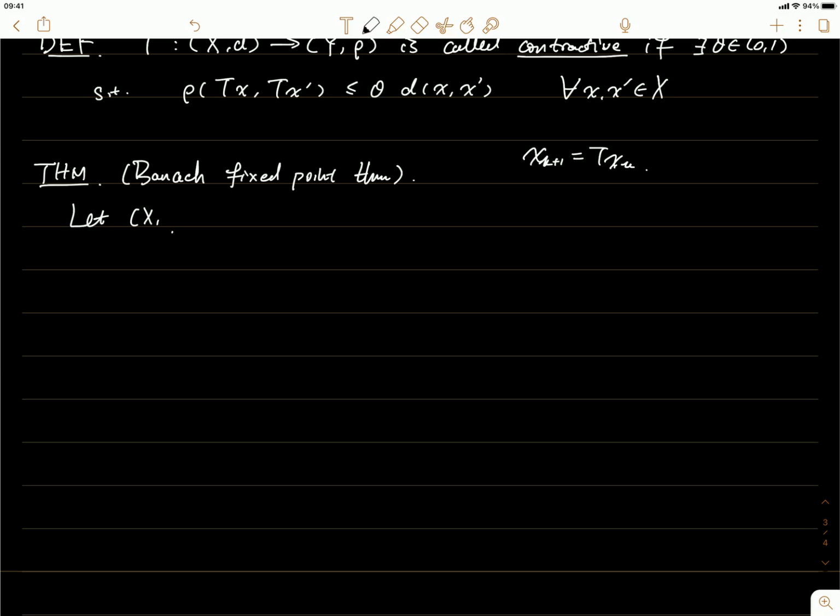We suppose that X is a complete space. It has to be complete, otherwise the limit may not be inside X. And I have this T that is a mapping from X to itself. It is contractive.